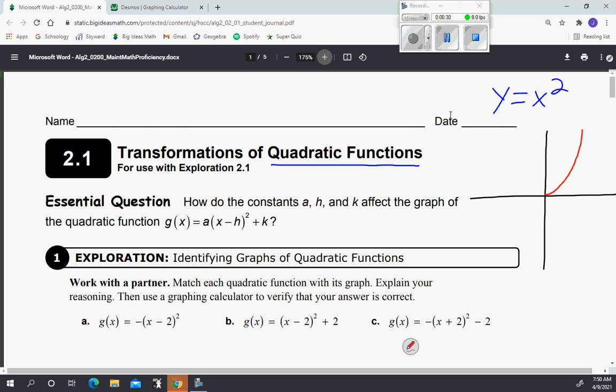It's this nice U-shaped graph, and it's kind of a curve on both sides. That is the quadratic function.